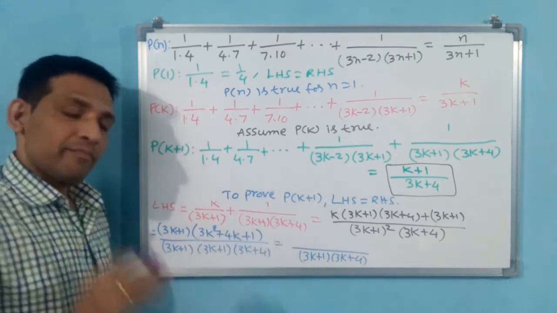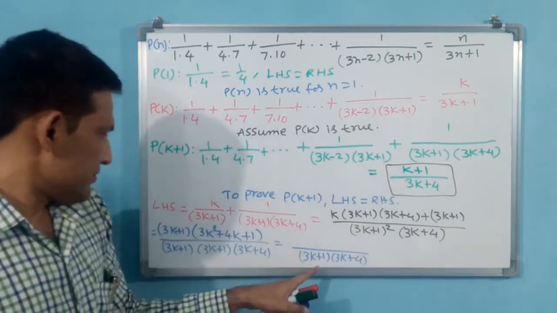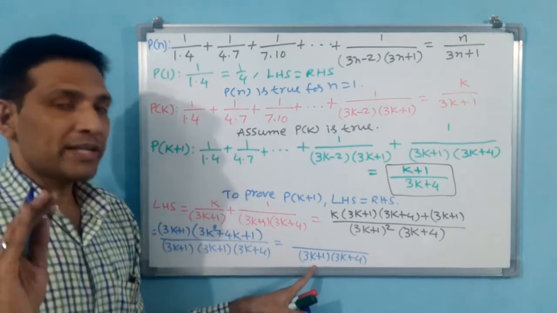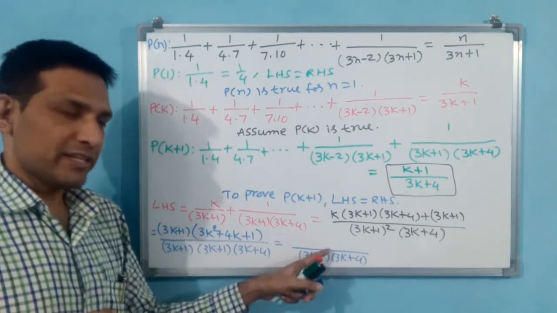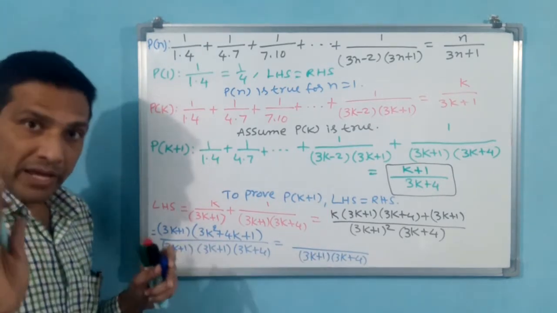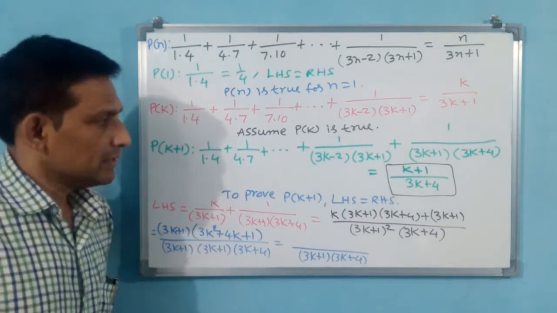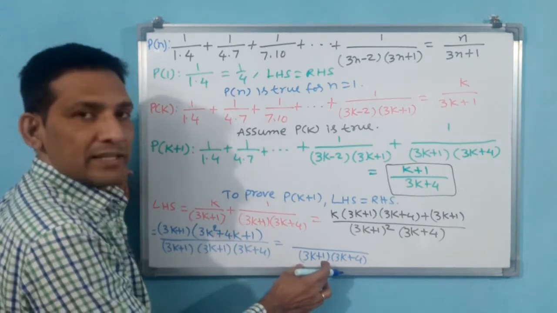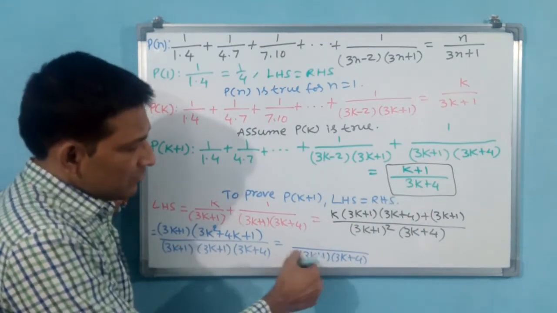Now what you understand? K plus 1 into 3k plus 1, these two are essential. If you multiply k plus 1 into 3k plus 1, this result may come. Like that you have to think. What I mean to say, you understand? You see here 3k plus 4 only is there, and 3k plus 1 is there, so this you have to cancel.